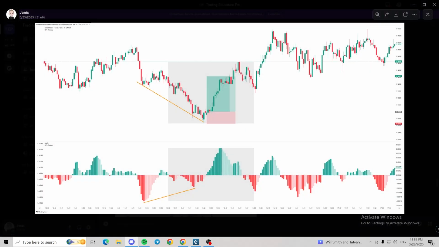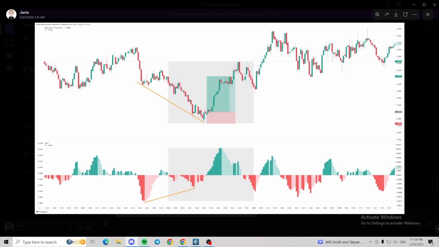So let's see here. Here is the example of a trade where one of these red icebergs is before the gray box, and also the low here is before the box. So this is okay as long as the divergence is clean.